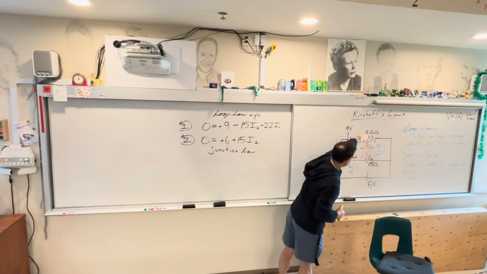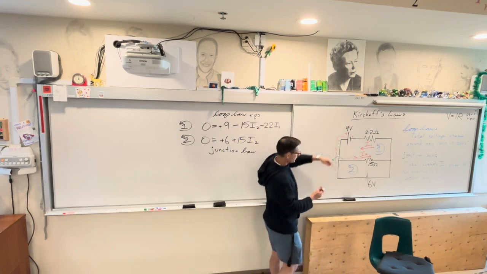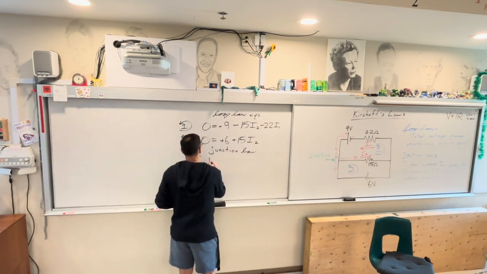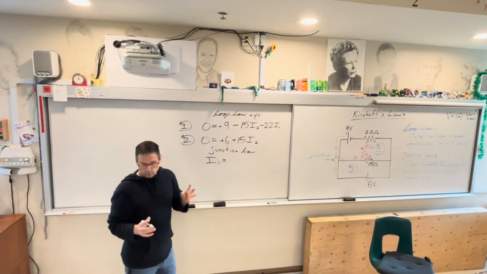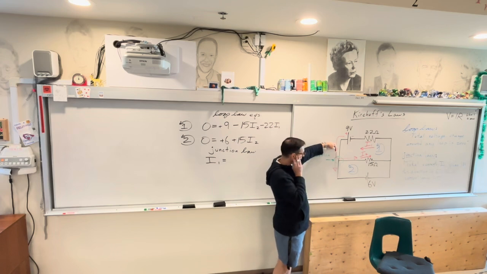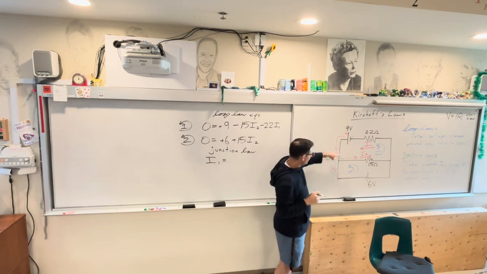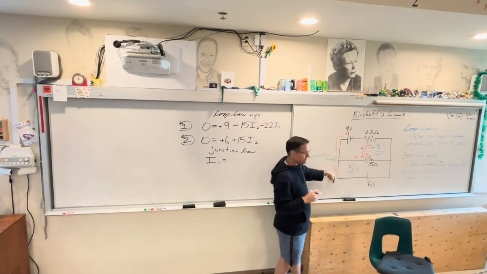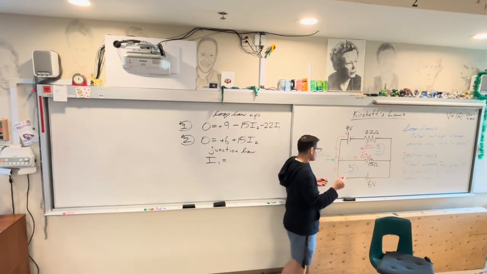This is I1, it stays the same. So we have I1 coming in, and it's just one line, so we say I1 has to be equal to, and then what would you say? We haven't made another current plus. It's going to be this one plus that one, right? So we have to make another current.